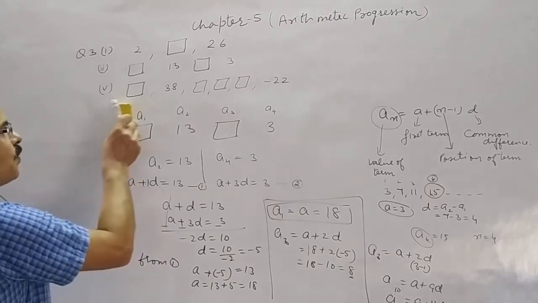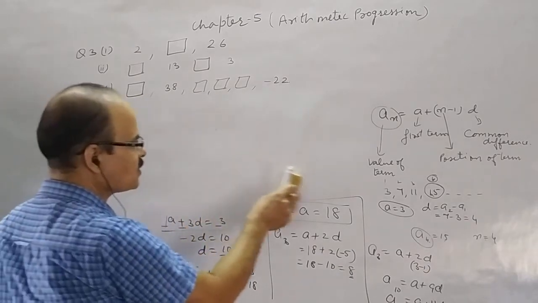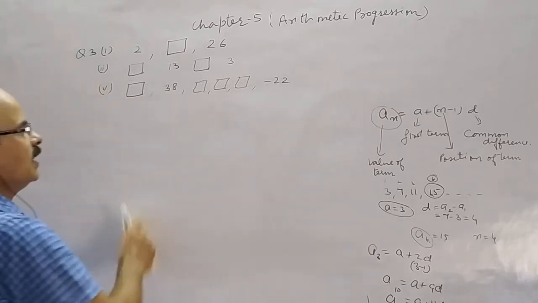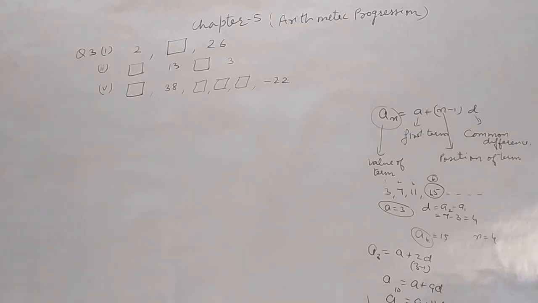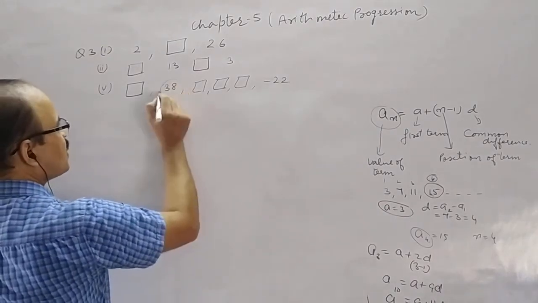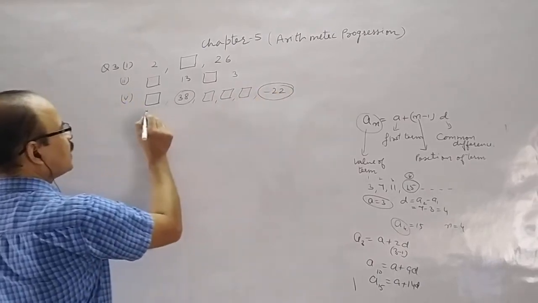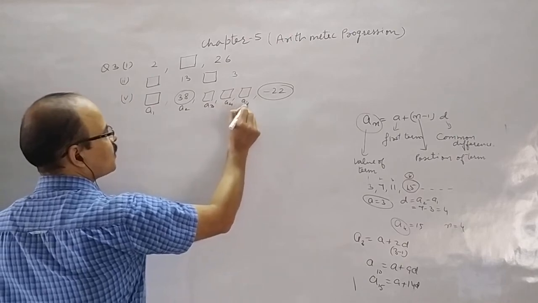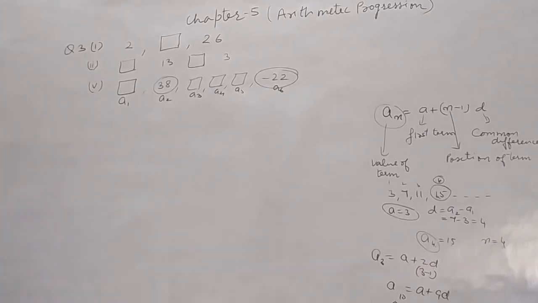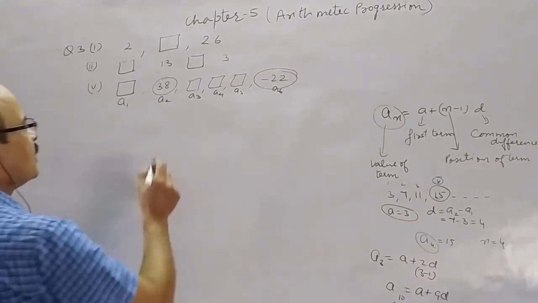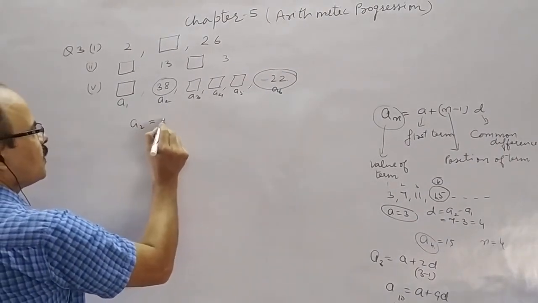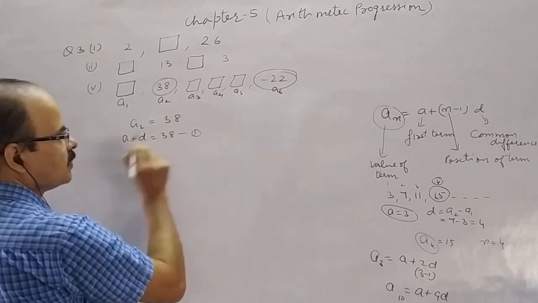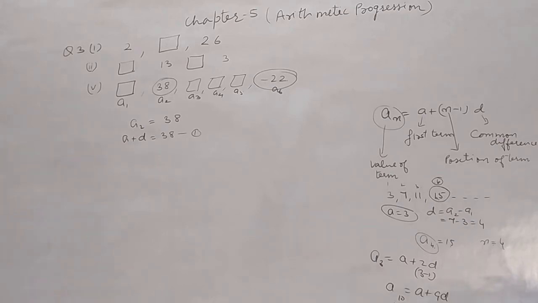See the third part. In this also, two terms are given and the rest are missing. So you have to calculate 4 missing terms. So what we will do is first get the values of a and d from the given terms. From these we will calculate a and d. a1, a2, a3, a4, a5, a6. So we'll get the values of these. a2 is given to us. Apply the formula for a2. That is a plus d is equal to 38. This is the first equation.